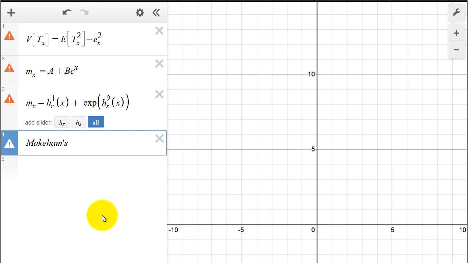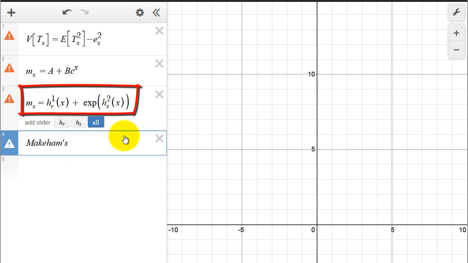In recent times, the Gompertz-Makeham approach has been generalized further to give the GM formula, the Gompertz-Makeham formula. And here in this formula we have H1 and H2. These are polynomials in x of degree r and s respectively. Today we noted the importance of the force of mortality.